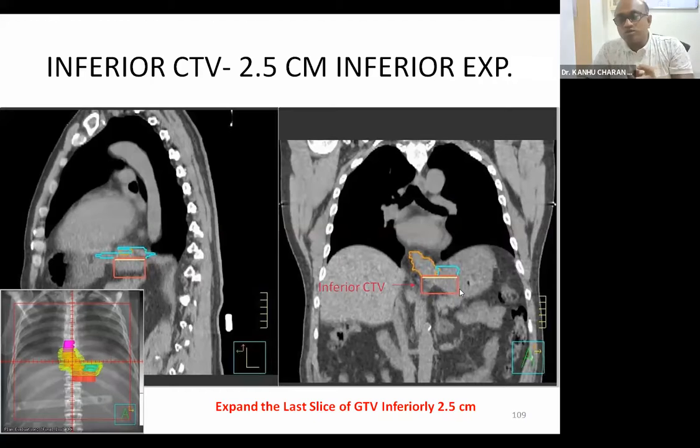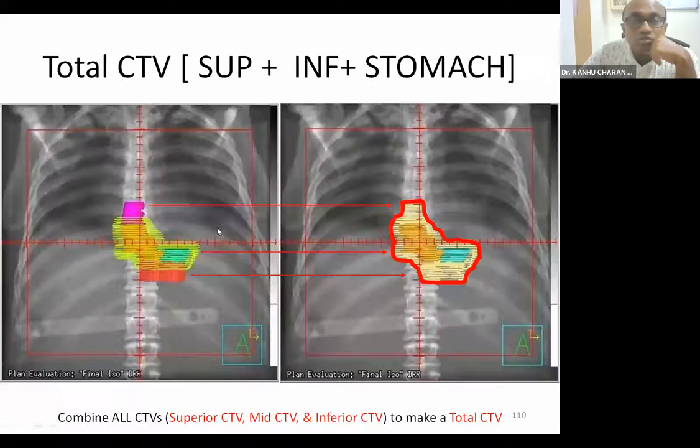So you have a superior CTV, stomach CTV, inferior CTV, and radial CTV. So 4 CTVs you have to contour and include. These 4 CTVs will be your total CTV.